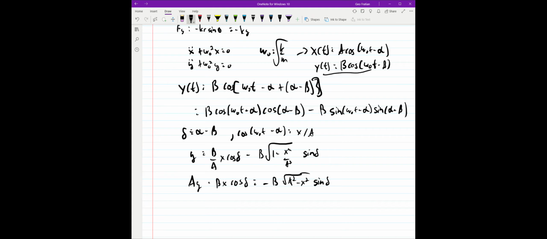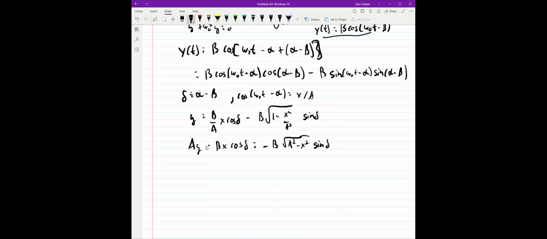And then we can square this and get b squared x squared minus 2abxy cosine delta plus a squared y squared, which is just a squared b squared sine squared delta from the identity.